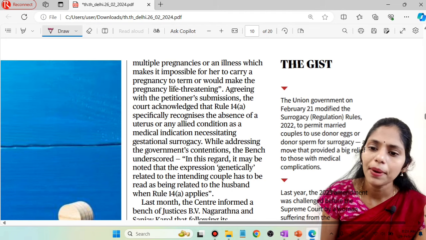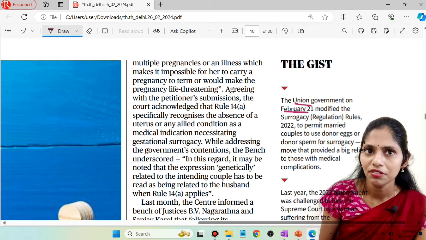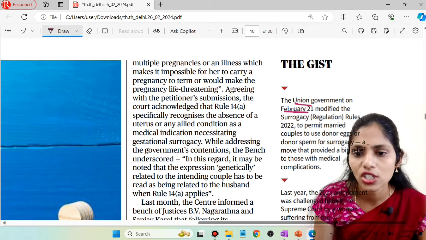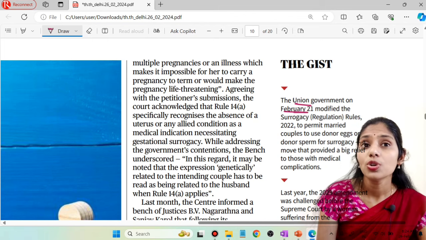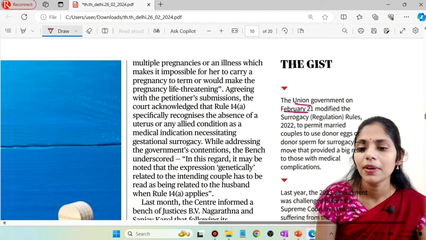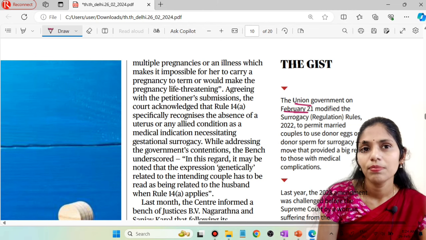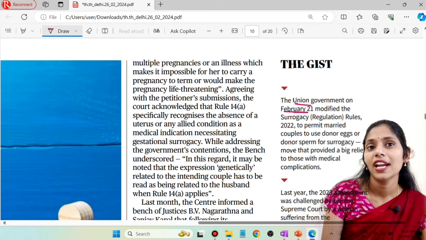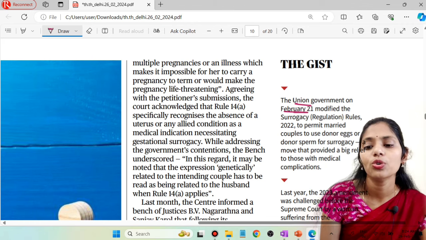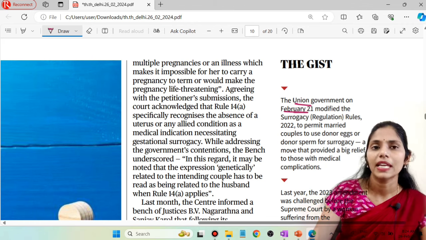Here, the Union government on February 21st modified the Surrogacy Regulation Rules of 2022 to permit married couples to use donor eggs or donor sperm for surrogacy. This move is very important and provides big relief for those with medical complications.